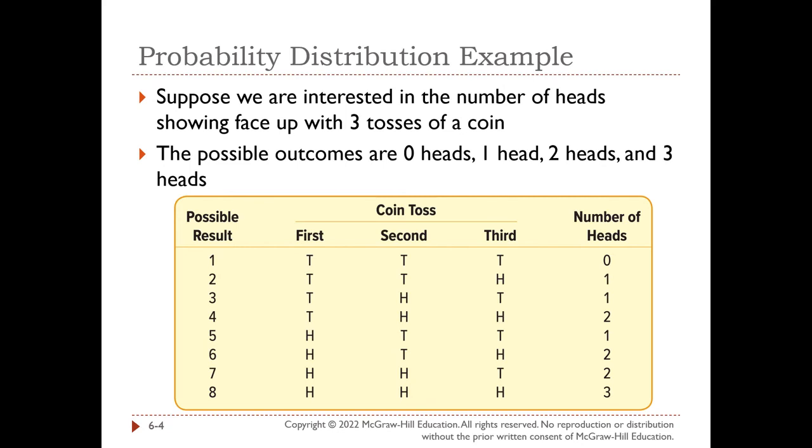So, their distribution example is also a coin toss. Suppose we are interested in the number of heads showing face up when we toss a coin 3 times. The possible outcomes are 0 heads, 1 head, 2 heads, and 3 heads. And of course, here's their contingency table showing the possible results. So they've done it 8 times.